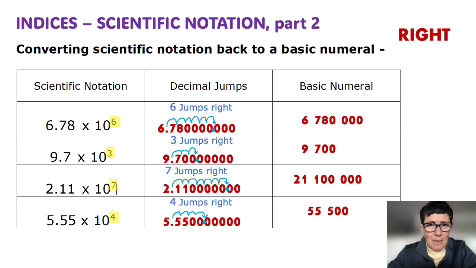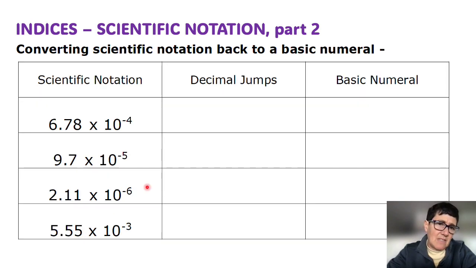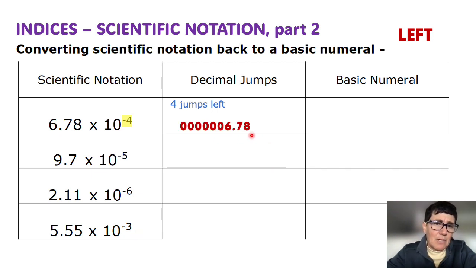All right, let's see what happens when we have negative indices. So these guys are all negative. So when we have a negative index, we jump to the left. And because this one says -4, we're going to go 4 jumps to the left. I'm going to set my 6.78 up. So here's my 6.78, but I'm jumping left.